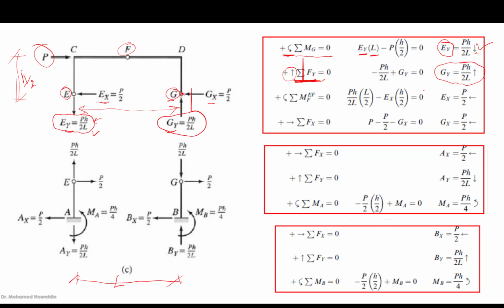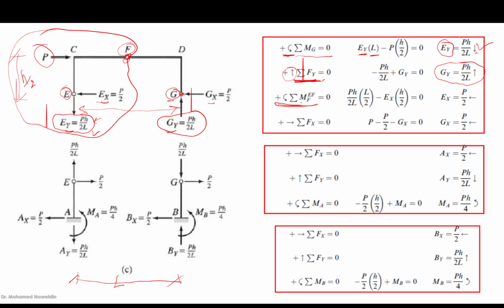Okay, and then if you go to the point F here, we are going to take the moment around this F for the part EF, all of this part, okay? What will happen here? We're going to take counterclockwise to be positive.